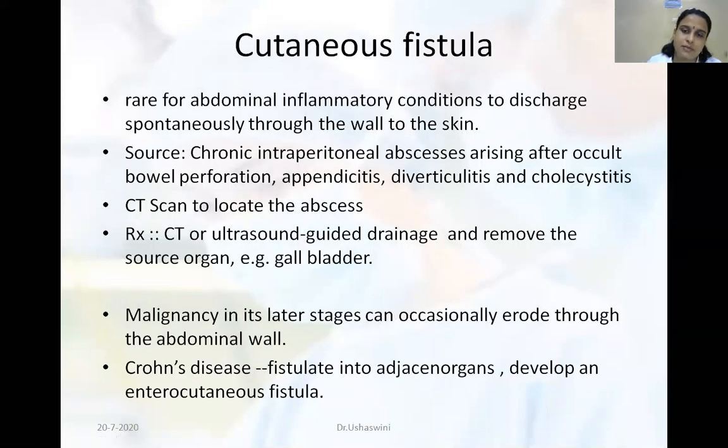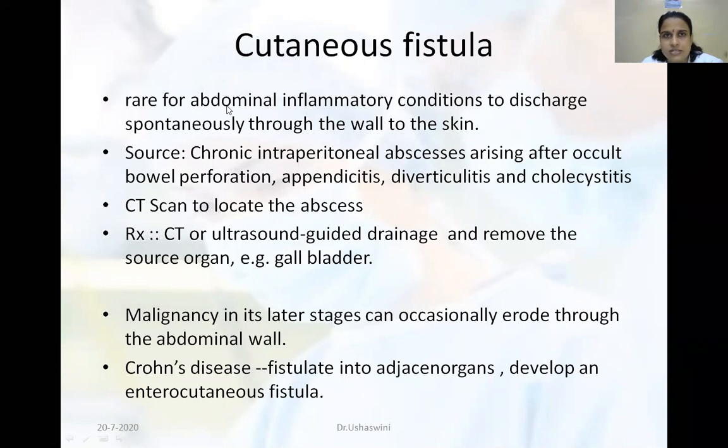Next infection of the anterior abdominal wall is a cutaneous fistula. A fistula is an abnormal, epithelium-lined tract communicating between two cavities. So a cutaneous fistula on the abdominal wall is one from the abdominal cavity to the exterior, to the skin. Now for a cutaneous fistula, it is very rare from abdominal wall inflammatory conditions.